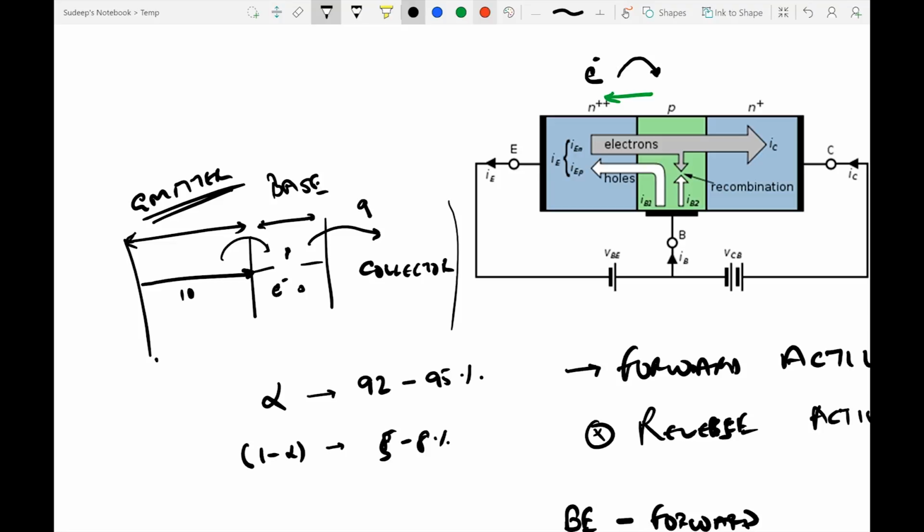So it's a very small percentage compared to the entire number of electrons that the emitter is emitting.